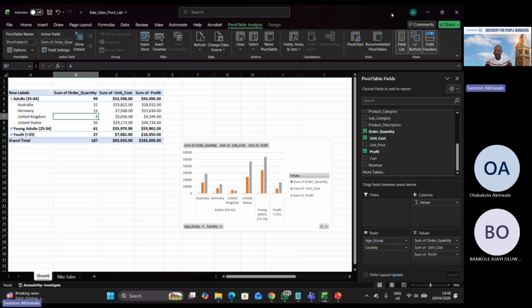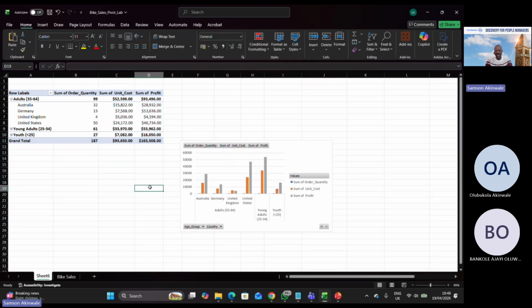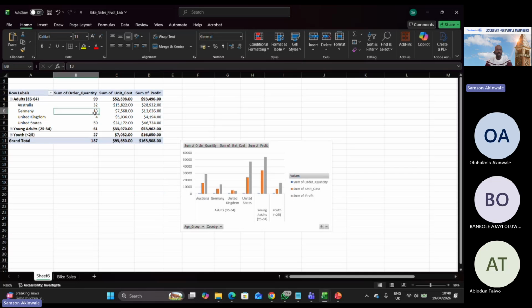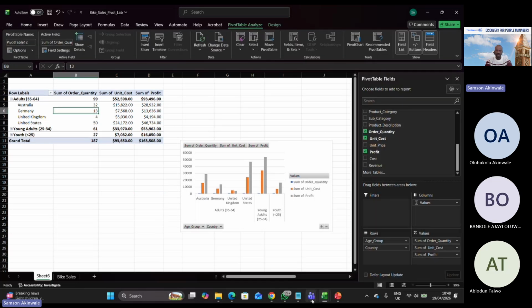Look towards your right, you will see the tool called pivot chart, where I pick this from, and I can walk around this chart and dress it any way I want until it gives me what I feel is good. So those are the very critical functions pivot table performs for us.